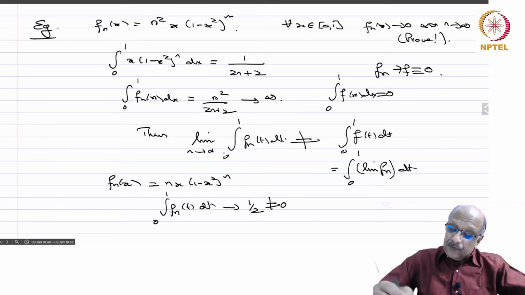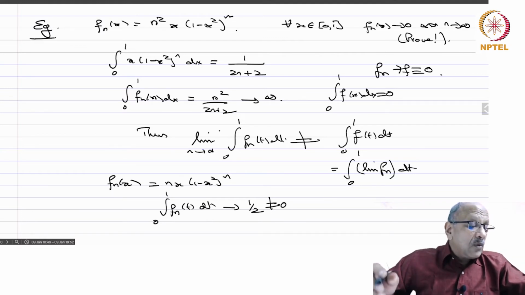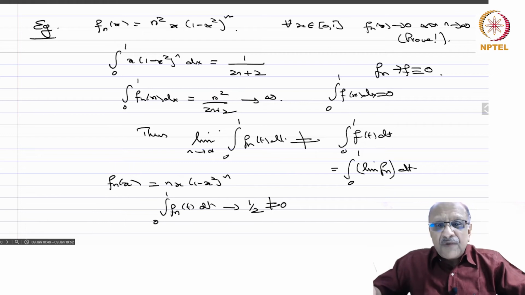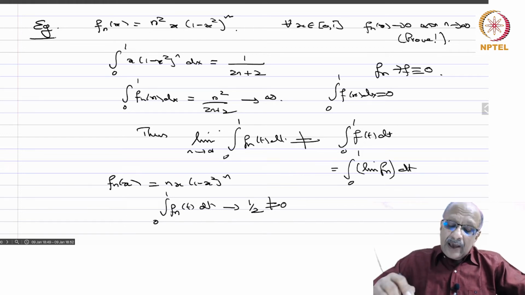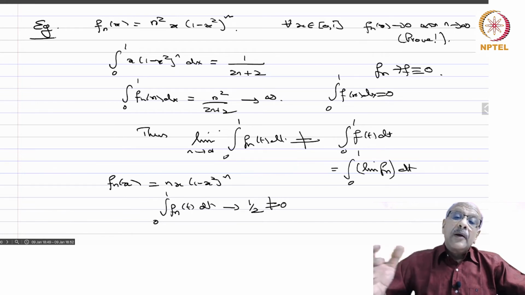Here it went to infinity, here it goes to a finite number, and still we do not have the limit of the integrals equal to the integral of the limit. So integration is itself a limiting process, and then we are taking a pointwise limit of functions, and we have just seen that these two do not commute.